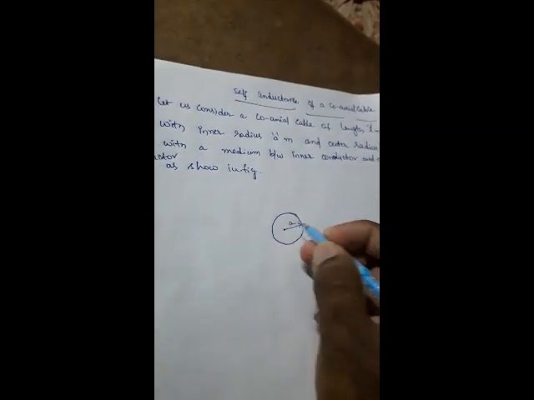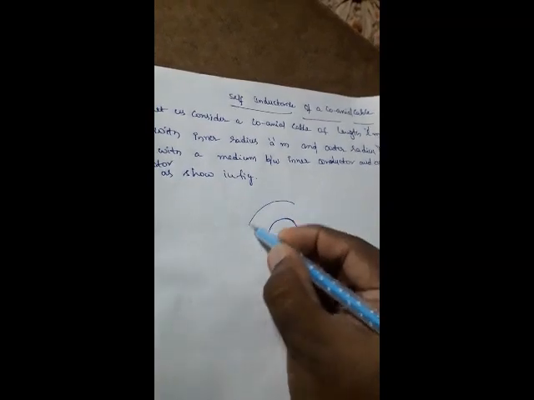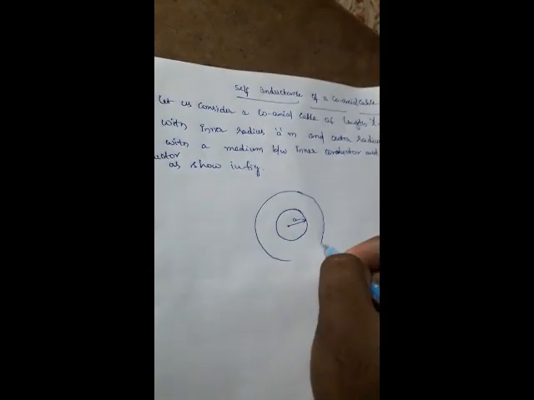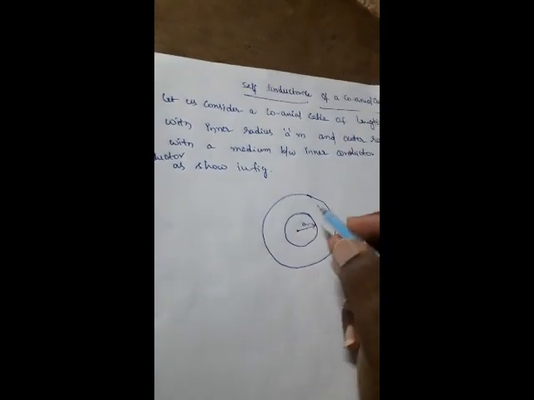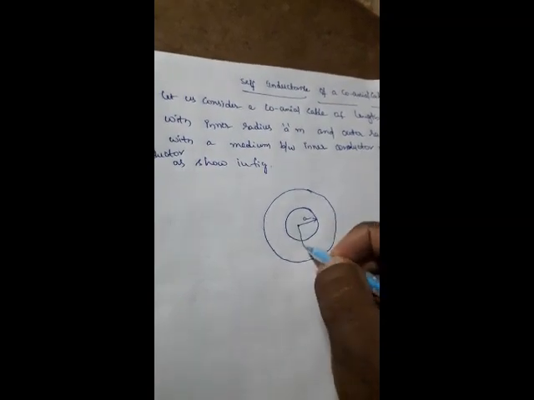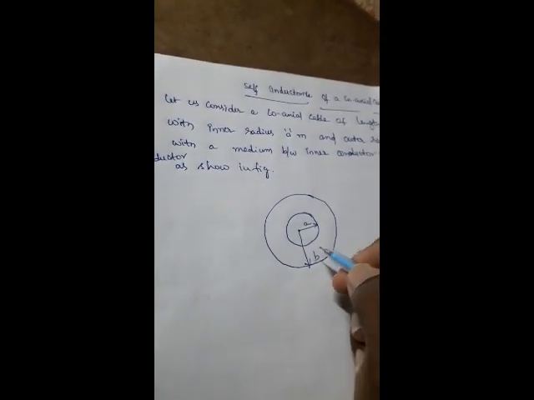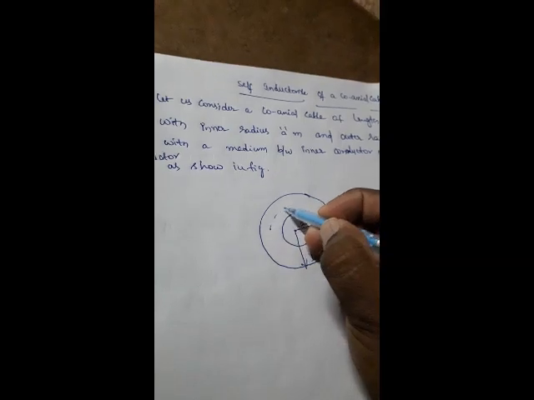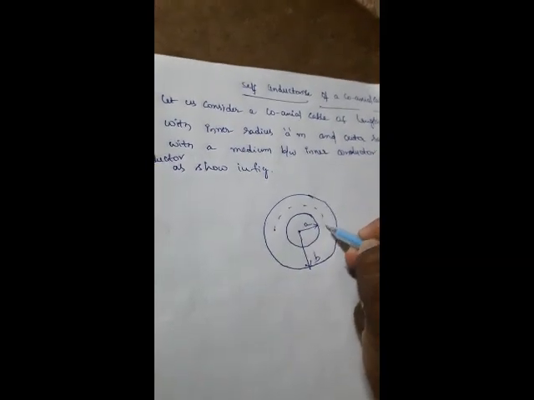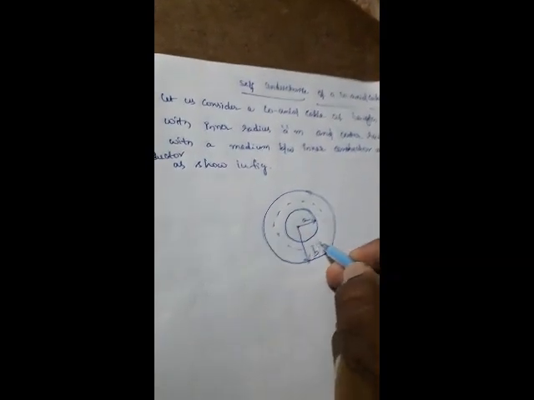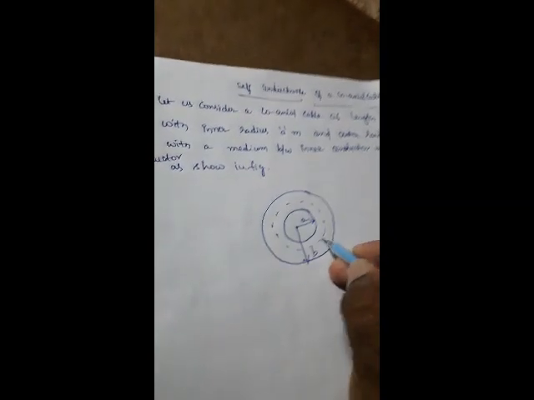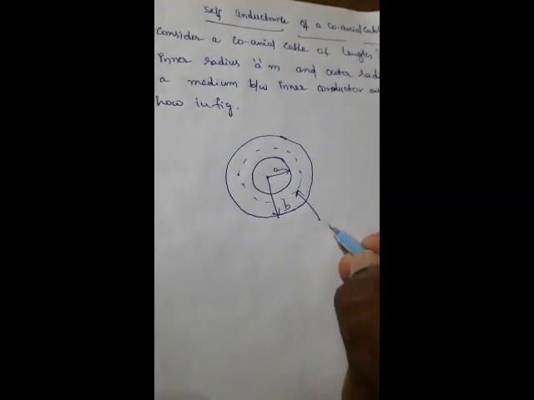See here, my students, this is the inner conductor of the coaxial cable whose radius is A meters. This is the outer conductor of the coaxial cable whose radius is B meters. In between them a medium is there. The permeability of the medium is mu.